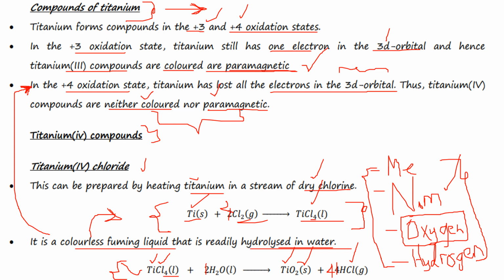After balancing non-metals other than oxygen and hydrogen, the second last to be balanced is always oxygen. So we ensure that oxygen is balanced on either side. If you look at this side, we only had 1 oxygen atom in the water molecule, and this side we had 2 oxygen atoms in the titanium oxide. So to balance oxygen, that's why we had to put here 2.